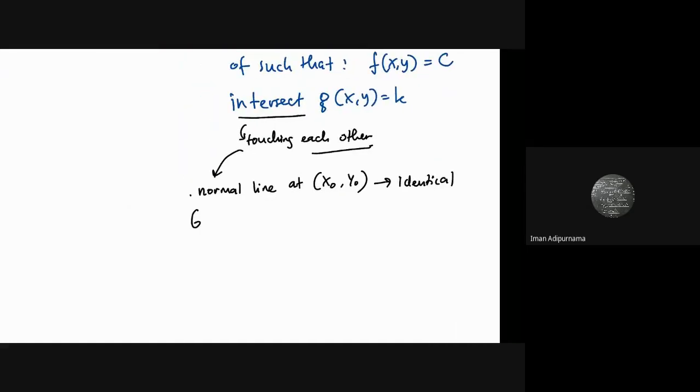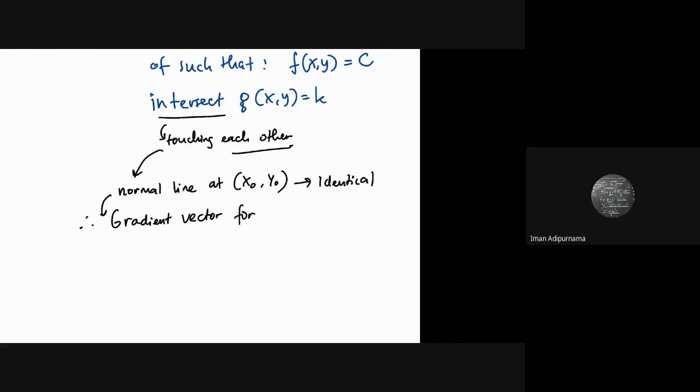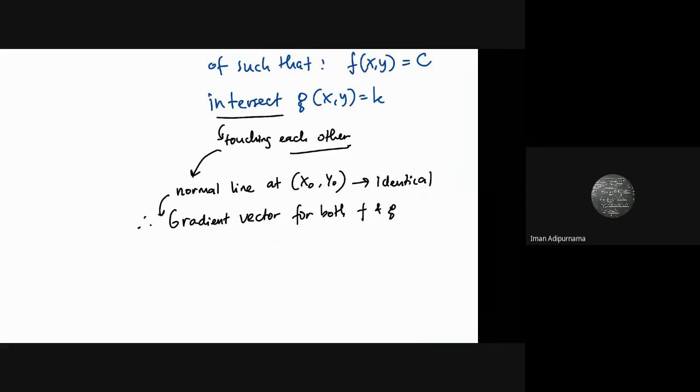And as a consequence of this normal line being identical, the gradient vector for both f and g will be parallel, right? Do you get what I mean?